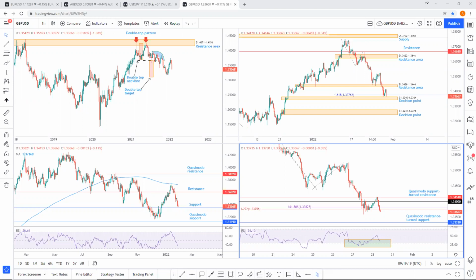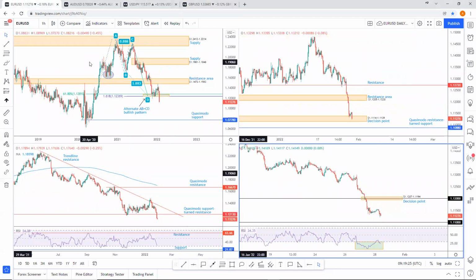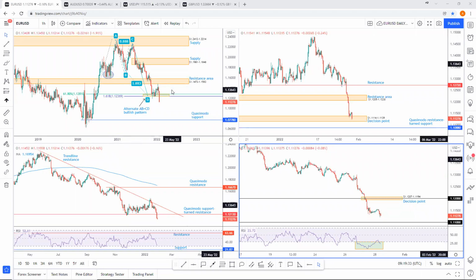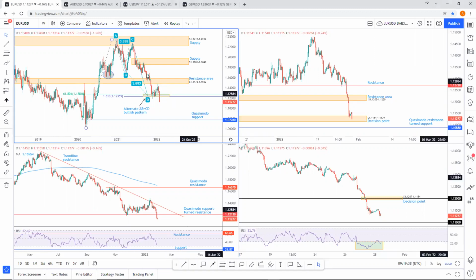Now, in terms of the charts, on the screen right now, we have the euro dollar. And as you can see, the euro dollar has been hammered this week. It's currently down 1.9% on the week, and has taken out the weekly. This is the weekly time frame here.